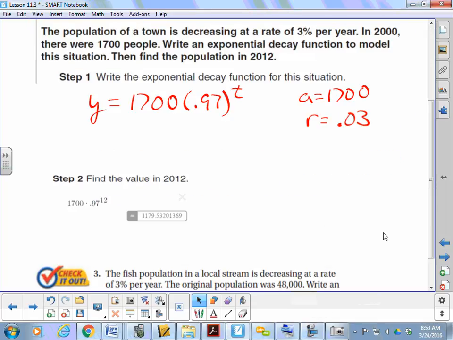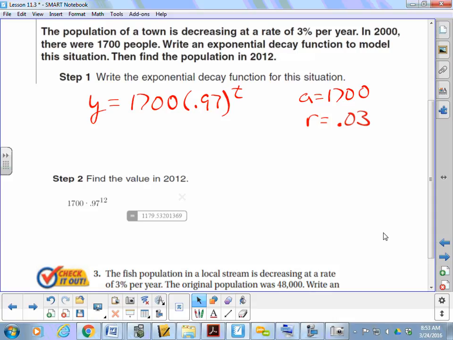Okay, so when you calculate this, you're going to get 1,179.53, right? And the question is, hey, Mr. Carver, this is people. So you need to show this, that 1,700 times 0.97 to the 12th power equals 1,179.53.